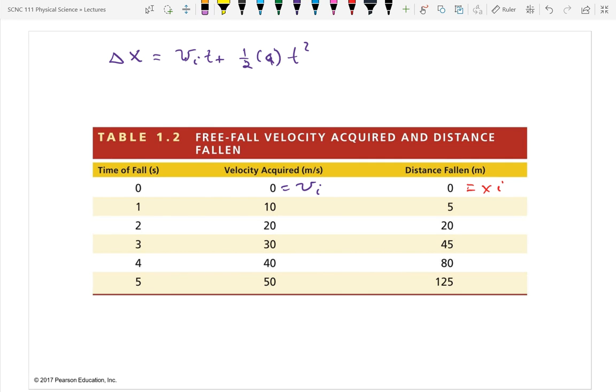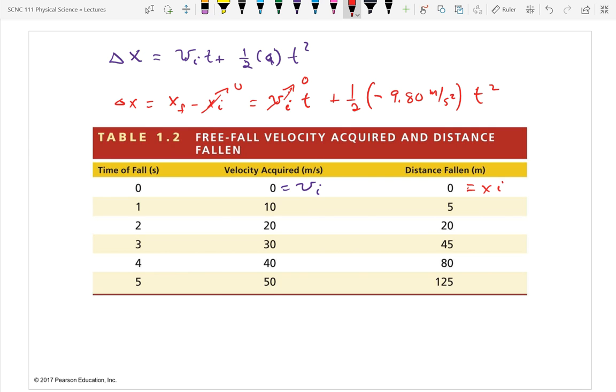Then delta x is equal to x final minus x initial, and that x initial is 0, is equal to v initial times t, that v initial is 0, plus 1/2 the acceleration. The acceleration is downward, so we usually put minus 9.80 meters per second squared, the minus sign to indicate downward, multiplied by time squared.